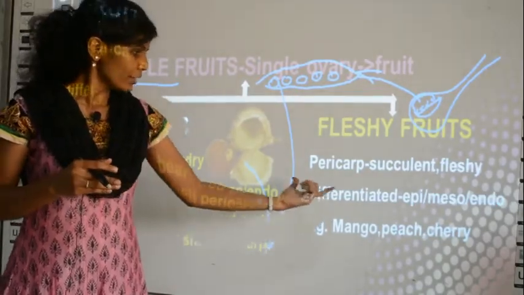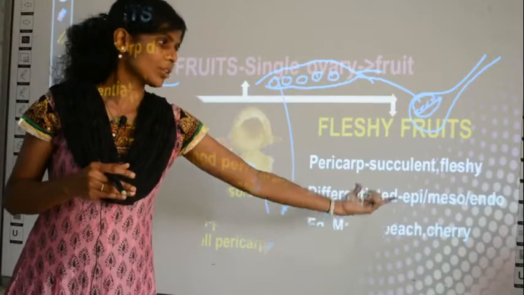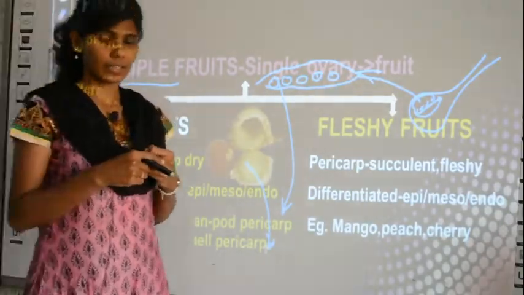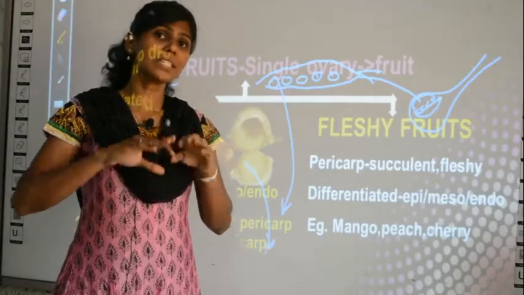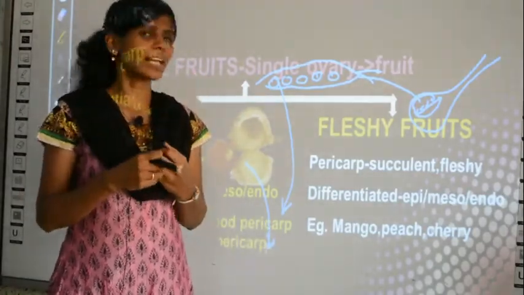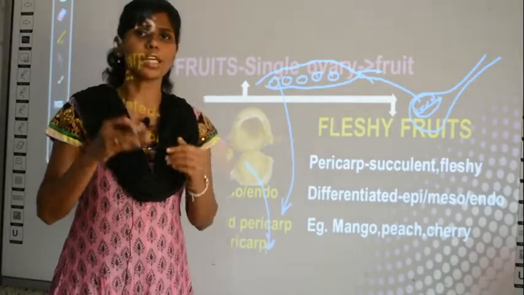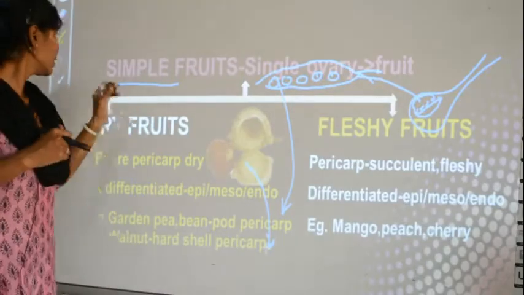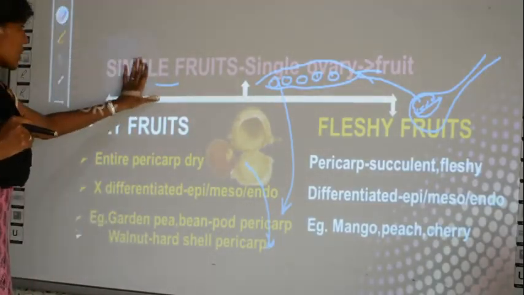Clear? We have studied these structures in a previous slide. Epicarp means the outer skin, mesocarp means the portion what you eat, and endocarp means the portion sticking on to the skin. Okay, so these are about the dry fruits and fleshy fruits.